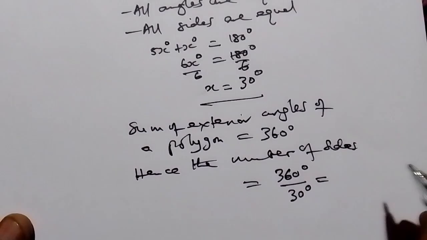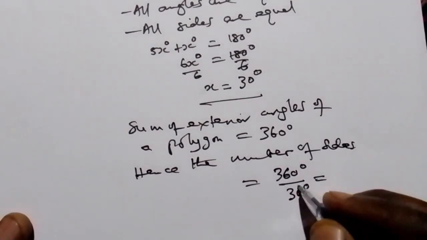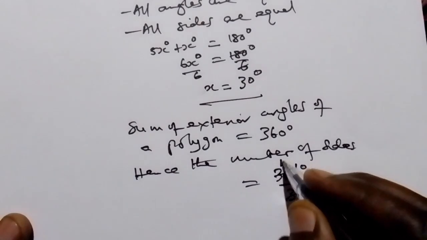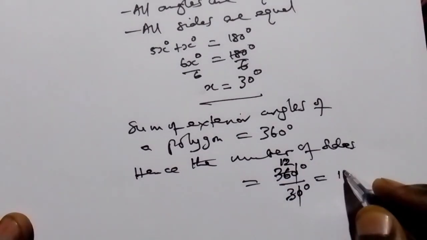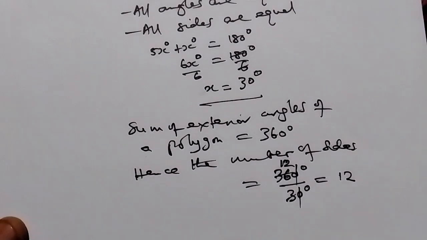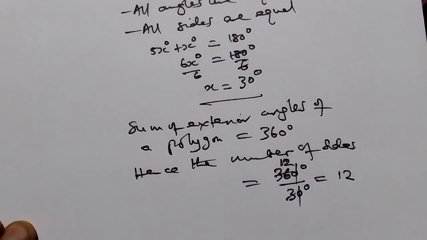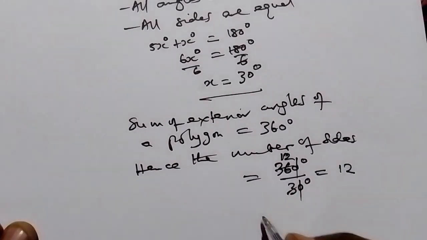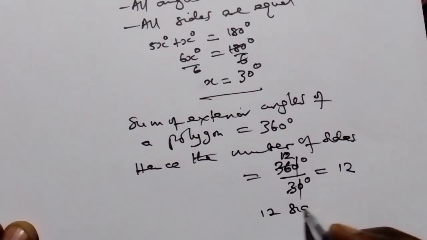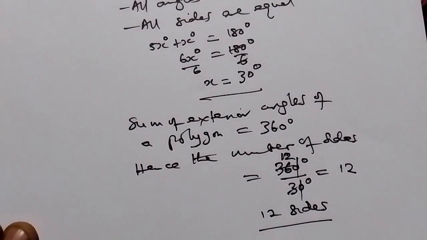So when we divide this, we end up with 12. So the number of sides of this polygon is 12 sides.